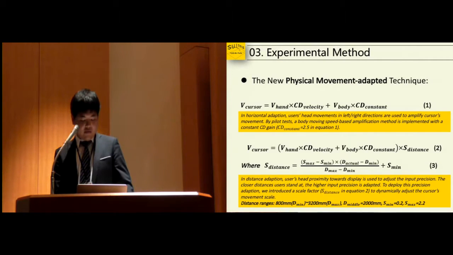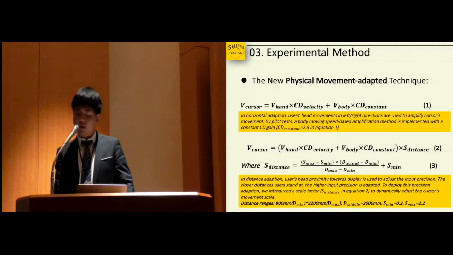A distance of 2,000 millimeters is defined as the middle distance. When users stand at a distance closer than 2,000 millimeters, a scale factor smaller than 1 is multiplied. But when users interact at a distance larger than 2,000 millimeters, the scale factor becomes larger than 1.